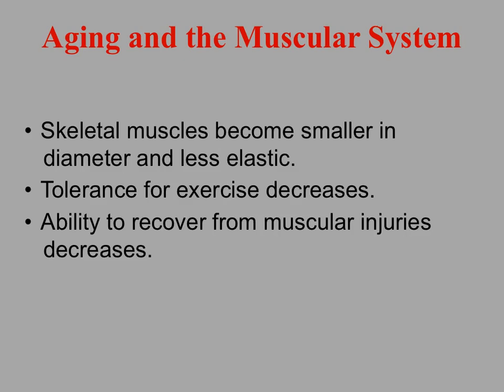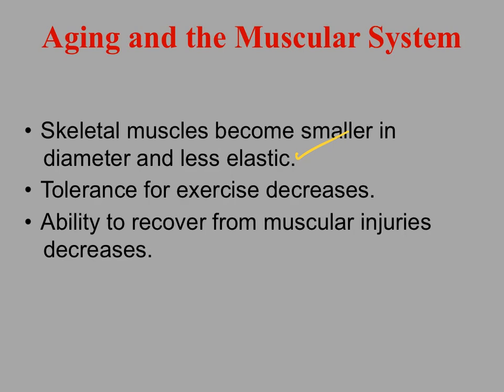We lose a little bit of that elasticity as we age, so hence why older individuals often complain that they're more stiff. That stiffness occurs because of loss of elasticity in the muscle, but also stiffness in the joints as a result of that synovial fluid being more viscous.